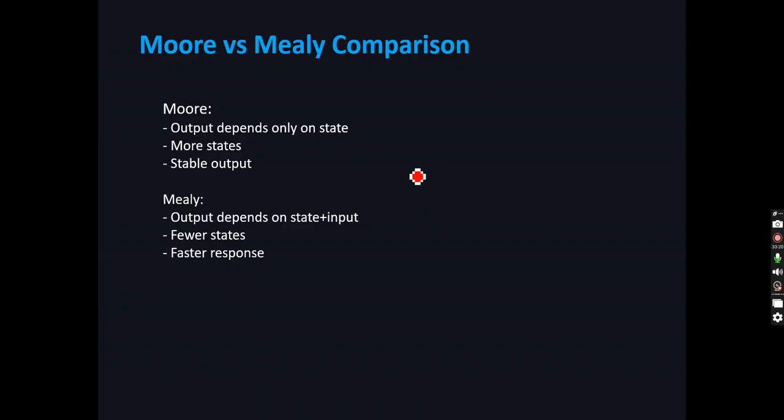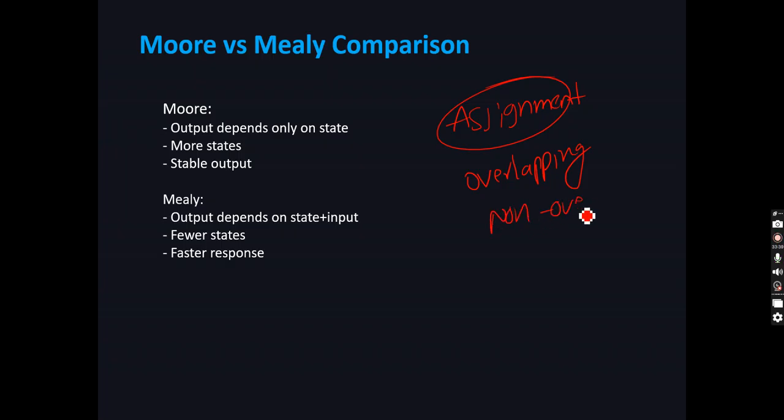So like this we have the FSM coding styles. I will give assignments with so many combinations. Your main assignment is to work on both overlapping as well as non-overlapping. First draw the state transition diagram, then proceed to Verilog coding.